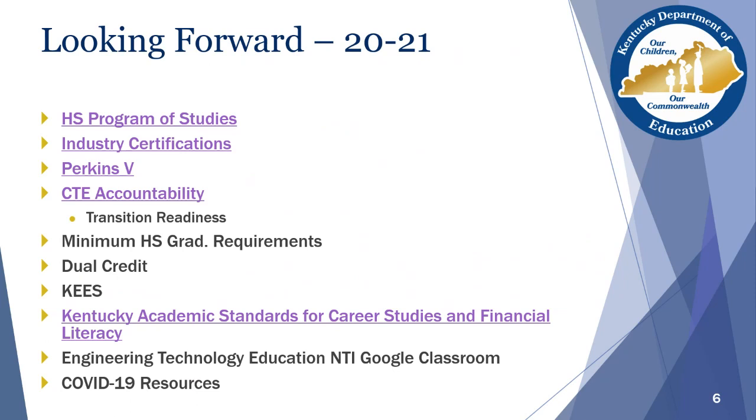Our state department's Perkins plan was approved, so now it's going to trickle down to districts and then on to schools. We'll talk about accountability and how that relates to CTE and the changes that are coming based on some legislation. Talk about minimum graduation requirements, also dual credit that's offered to your students.